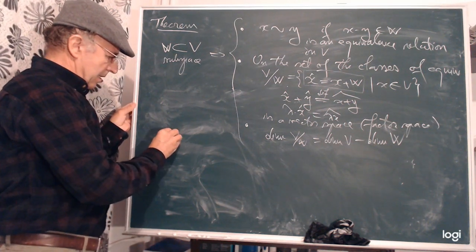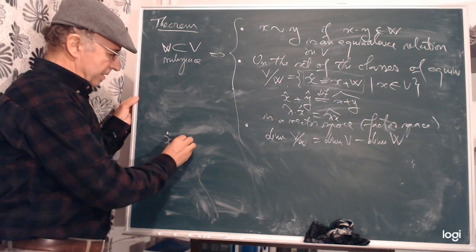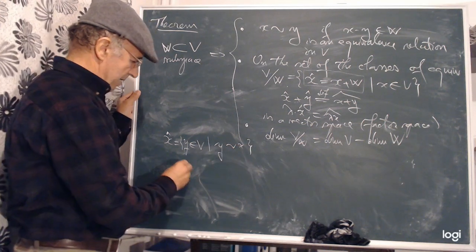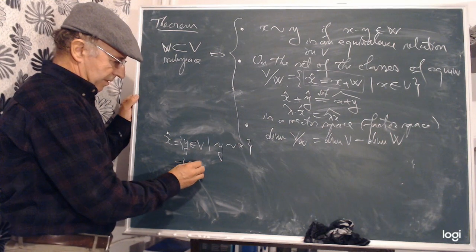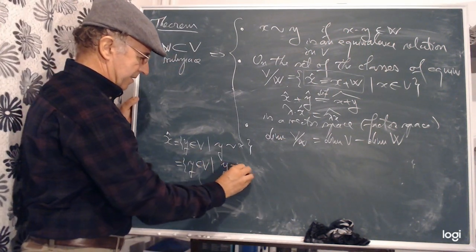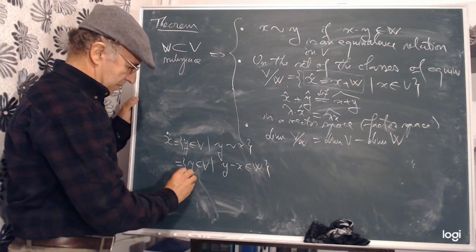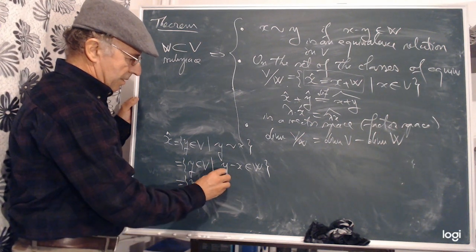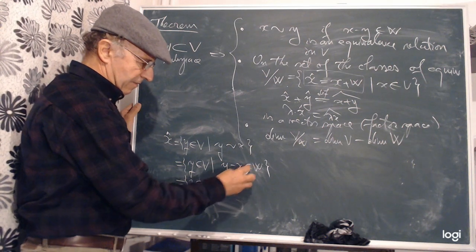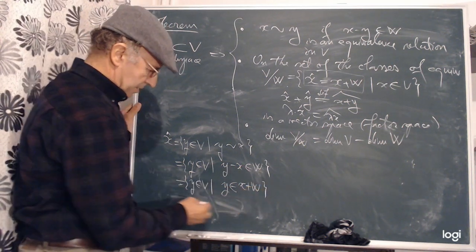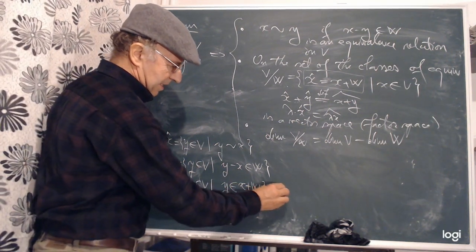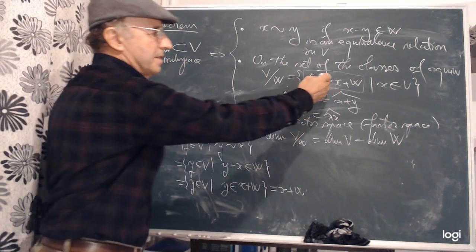By definition, the class of x is the set of all the vectors y from V such that y is equivalent to x, equals the set of y from V such that the difference y minus x is in W. This can be written: y belongs to the vectors having the form x plus W. So all the vectors which belong to this set, so it is x plus W. Indeed, the class of x is just a translation.